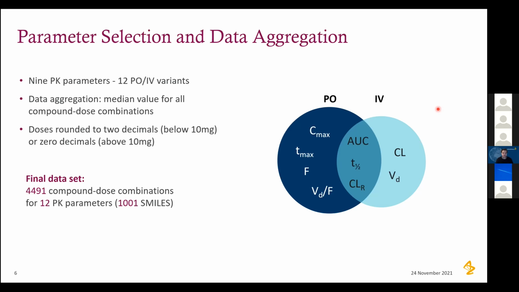When we did this aggregation, we took the median value. The doses were rounded to 2 decimals if the dose was below 10 megs, or to the closest integer if it was above 10 megs. After doing this, we obtained a final data set of 4,491 dose compound combinations for 12 PK parameters, consisting of 1,001 unique structures.